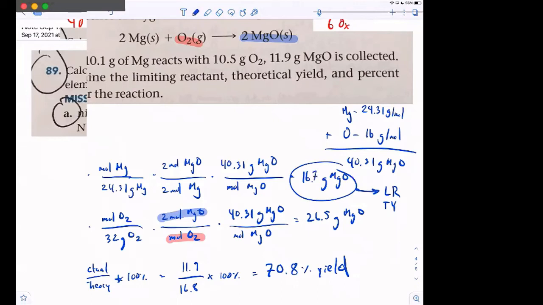So 16.7, and then 11.9 divided by 16.7. So 71.3. 71.3. I guess I had a rounding error, but the process was good though, I think.